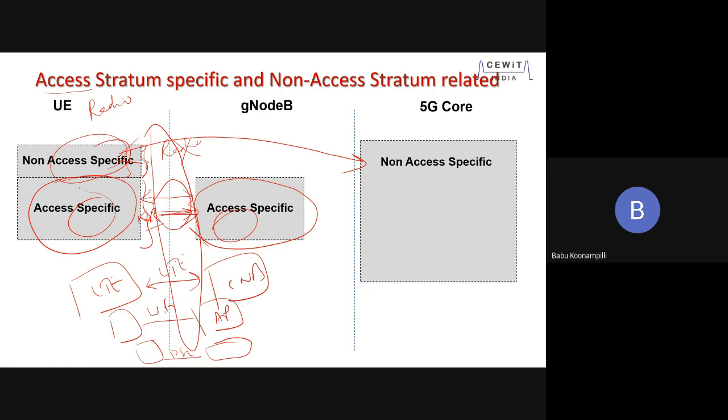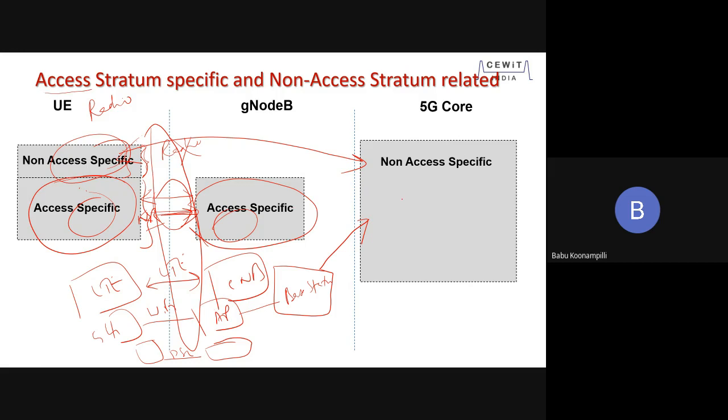And as I said, the access can be any of the things. The advantage is that suppose you have another access specific node, say a Wi-Fi access point. This is a 5G device on Wi-Fi, and you have an equivalent of a base station, a Wi-Fi equivalent of a base station, that can connect to the same 5G core, because the 5G core is independent of whether it is a Wi-Fi connection or an NR connection.